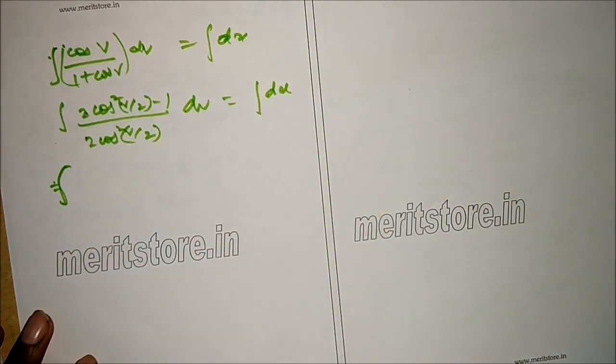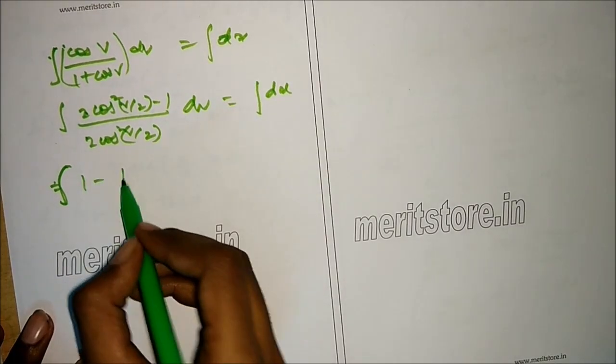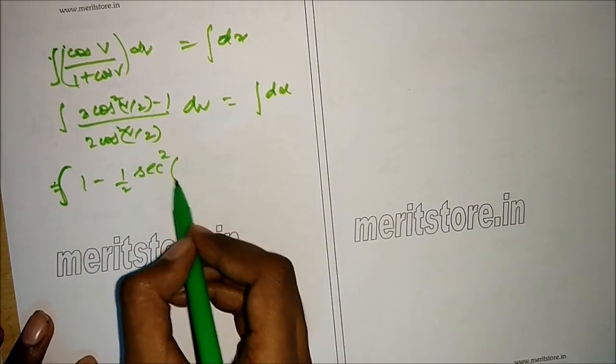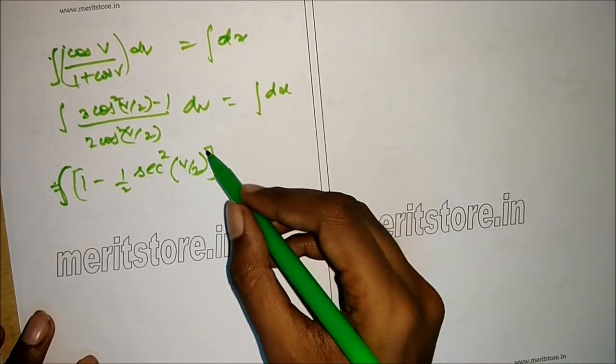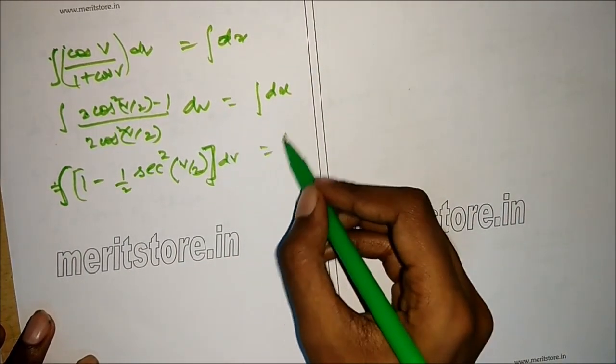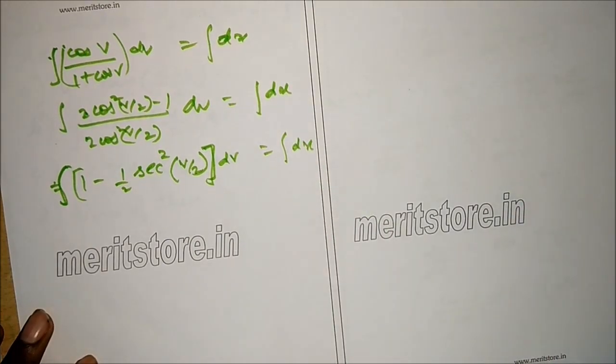So this is equal to 1 minus 1 by 2 sec square v by 2, integration of into dv. This is equal to integration of dx.